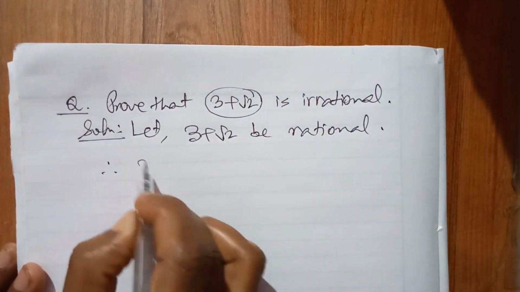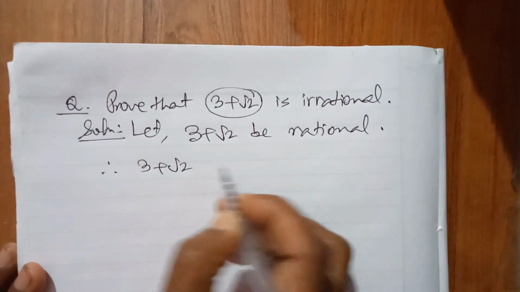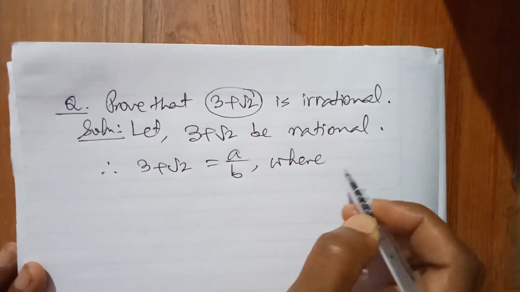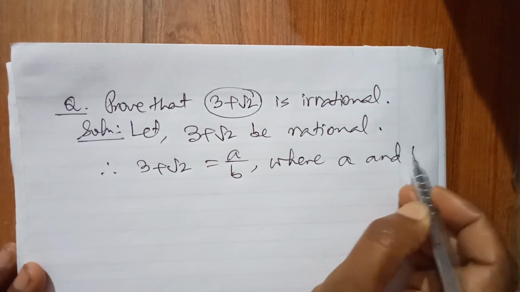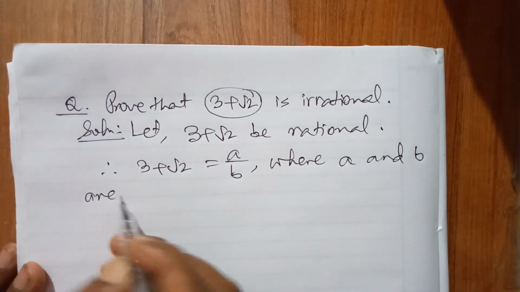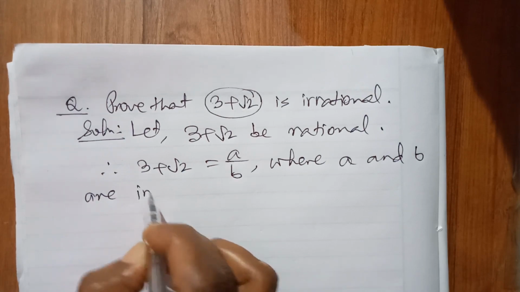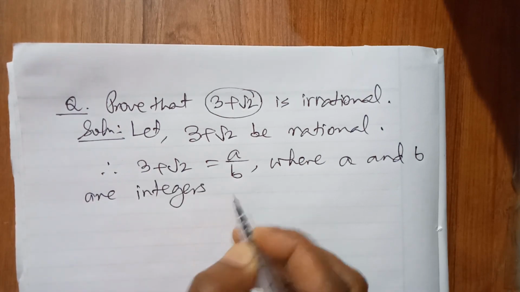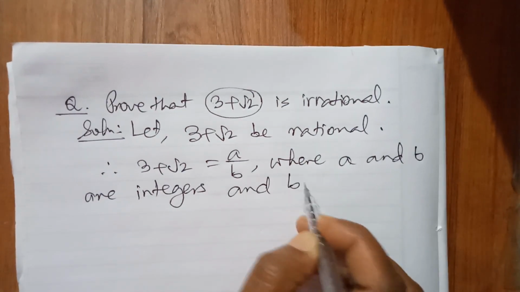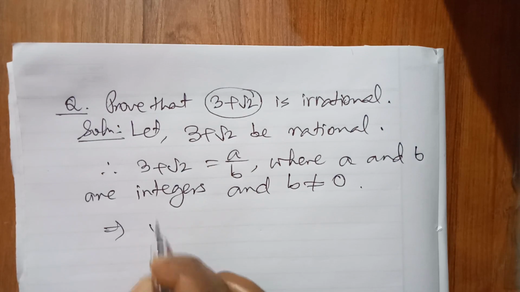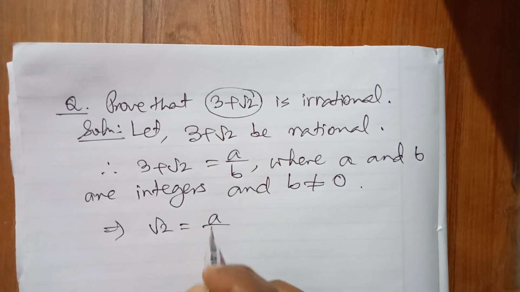So 3 plus root 2 can be written in the form a by b, where a and b are integers and denominator b is not equal to 0. Then root 2 equals a by b minus 3.